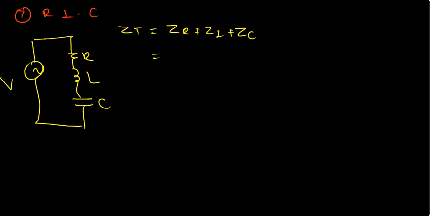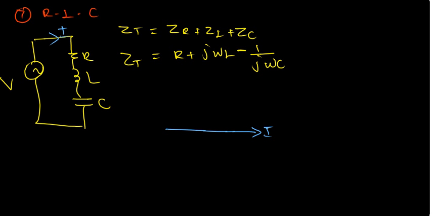ZR is R, ZL is j omega L, ZC is minus 1 over j omega C. This is the total impedance. For the phasor diagram, we start from I, because I is the common part, and VR is here.